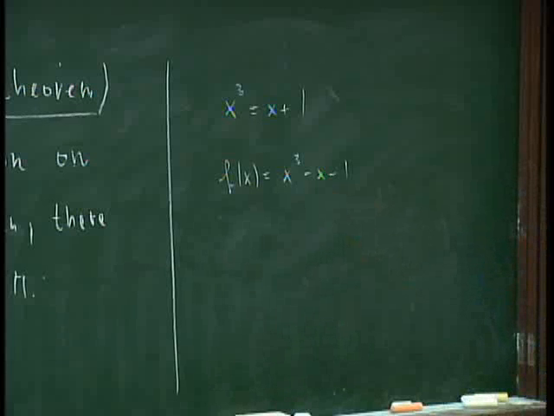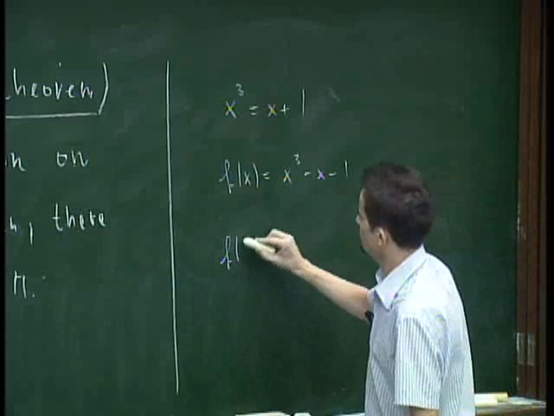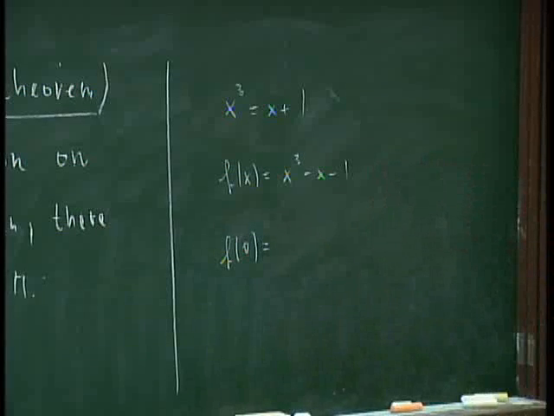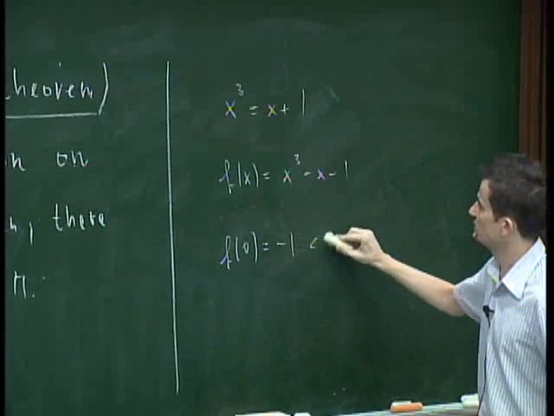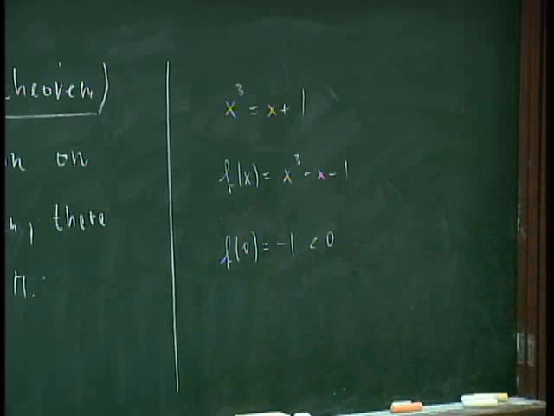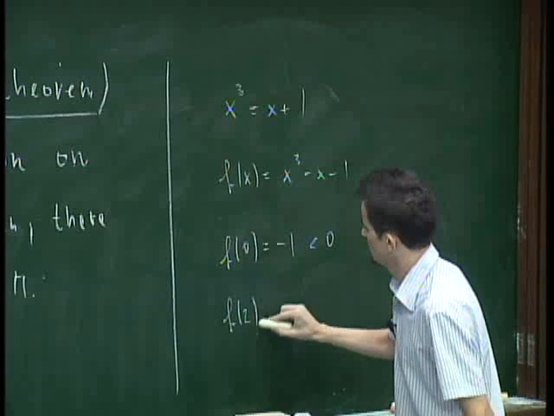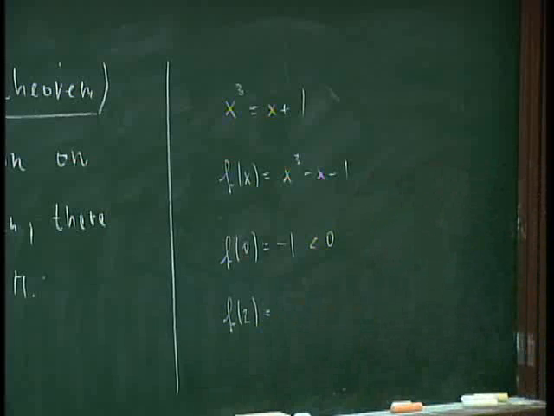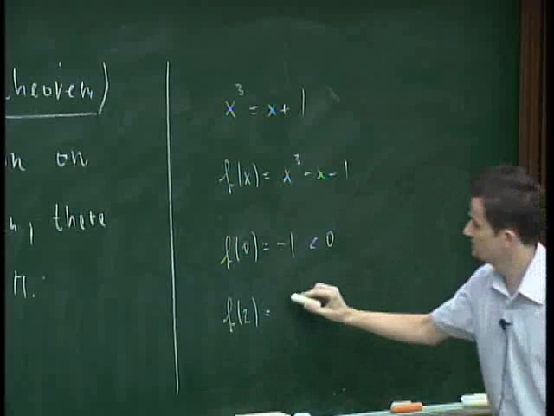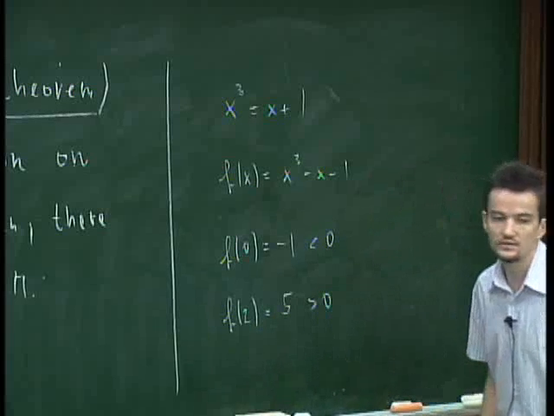Now you plug in f(0). You see f(0) is equal to -1, smaller than 0. And you plug in f(2). So f(2) is 5, which is larger than 0.